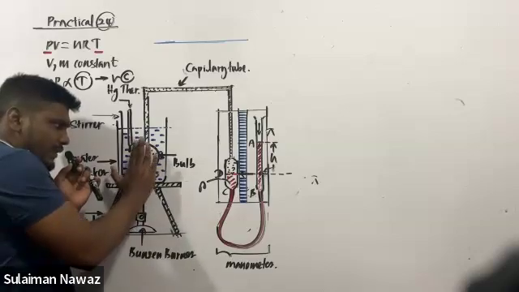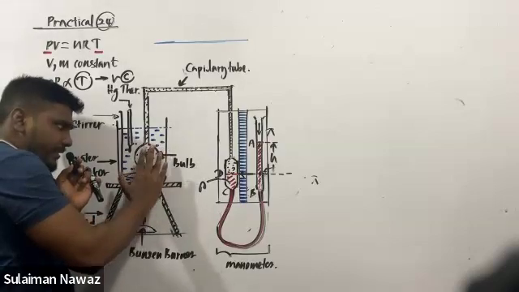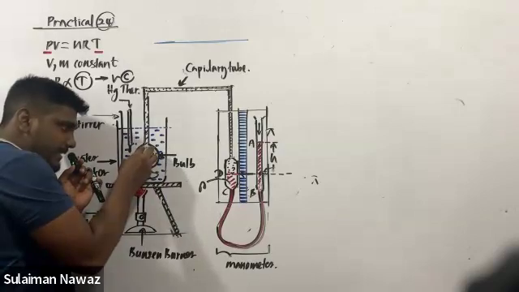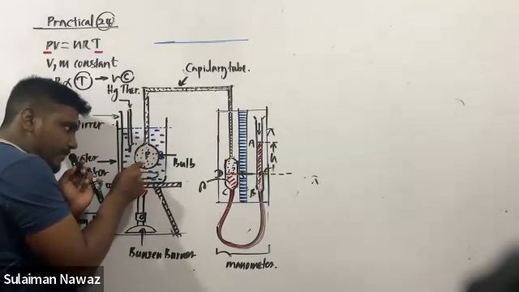Actually, this practical is all about measuring pressure at different temperatures of this gas. Our main primary concern is the gas. But actually, we want to measure the temperature of the gas. Can we measure the temperature of the gas inside this bulb?